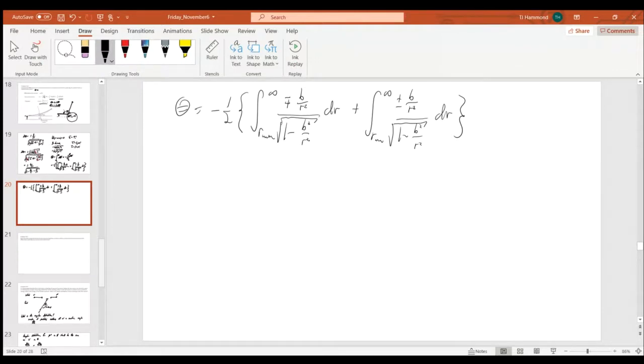And so that means that theta is equal to 0, or for some non-zero theta, for the non-trivial solution, what we get is -1/2, and then what we get is -2 times the integral from r min to infinity of b over r squared over the square root of 1 minus b squared over r squared dr. And then, of course, the -2 and the -1/2 cancel.